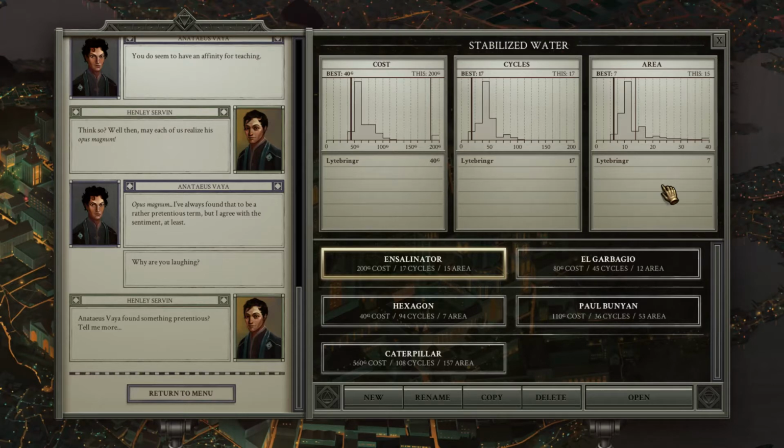So what we're going to do is take a look at what goes into the solutions and how we can combine that into a reasonable number. The biggest problem that you run across is the fact that cost, cycles, and area are measured on completely different scales. When you try to combine things with different units, you run into issues. So what we need to do is make the units essentially the same.